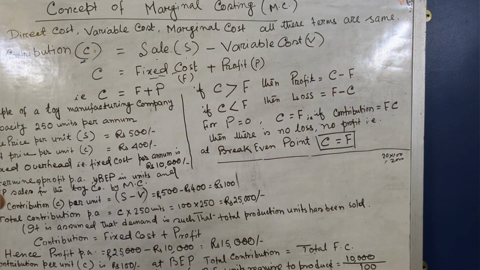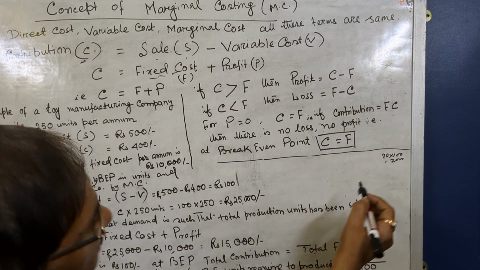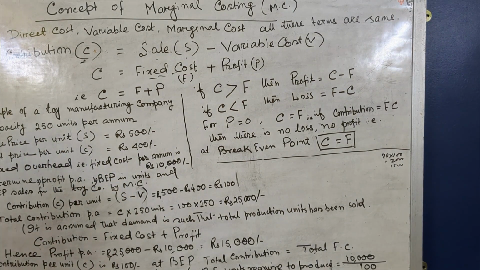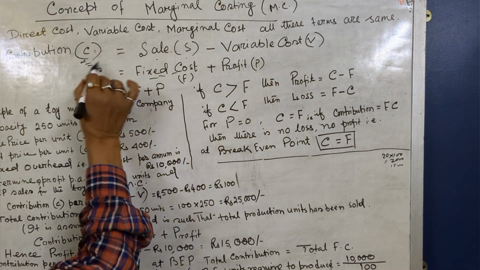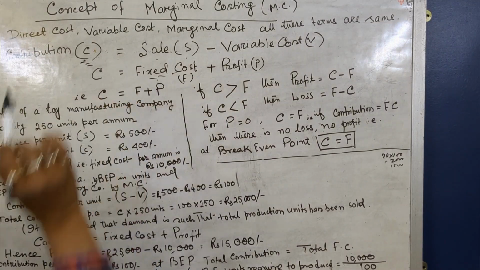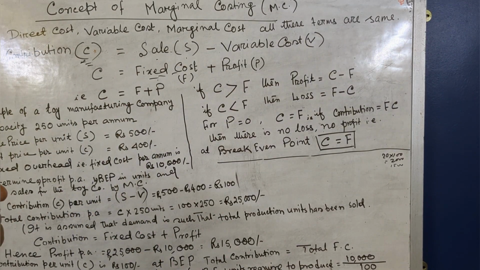Suppose your fixed cost for the period is rupees 1500. That means from the basket of your contribution of 2000, you have to pay fixed cost 1500, and the remaining amount is the profit.